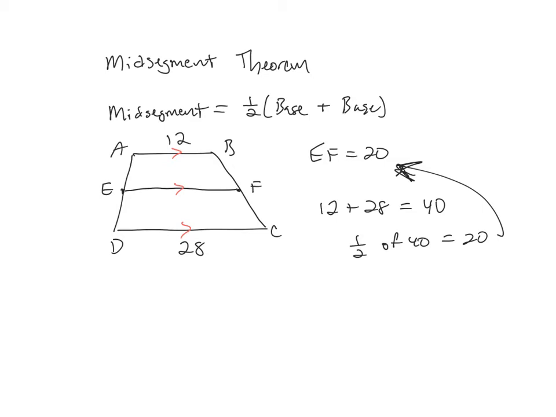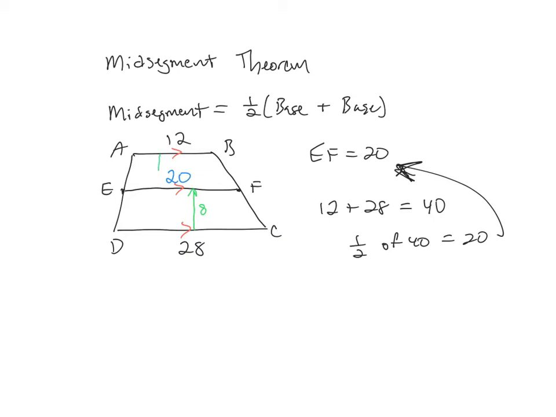Okay, so here's something else I want to point out. This is kind of a shortcut. So you could do the formula, add the bases together, divide by 2. But here's something else I want to show you that I think is helpful. So from 28 to 20 is a difference of 8.